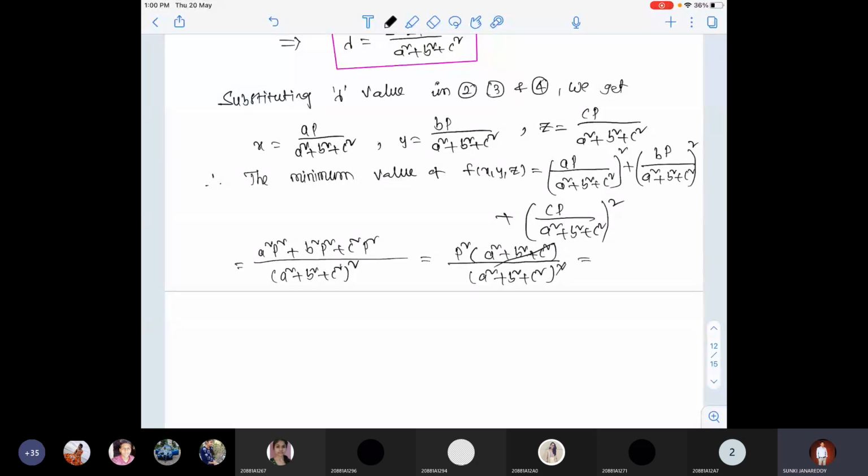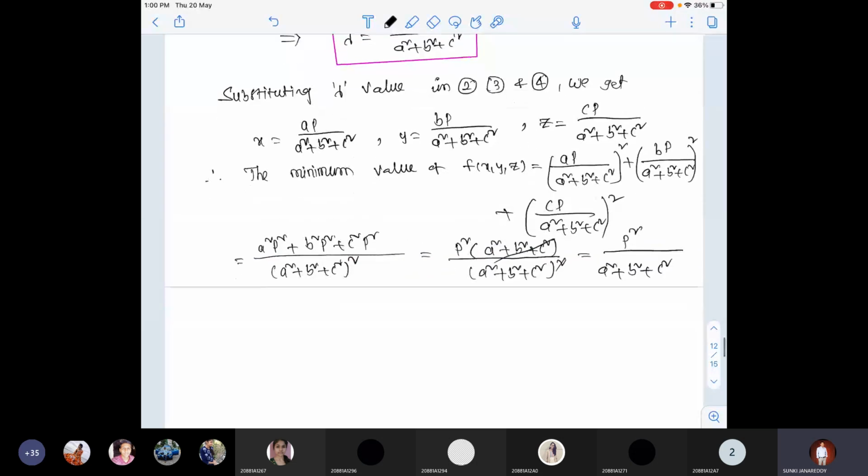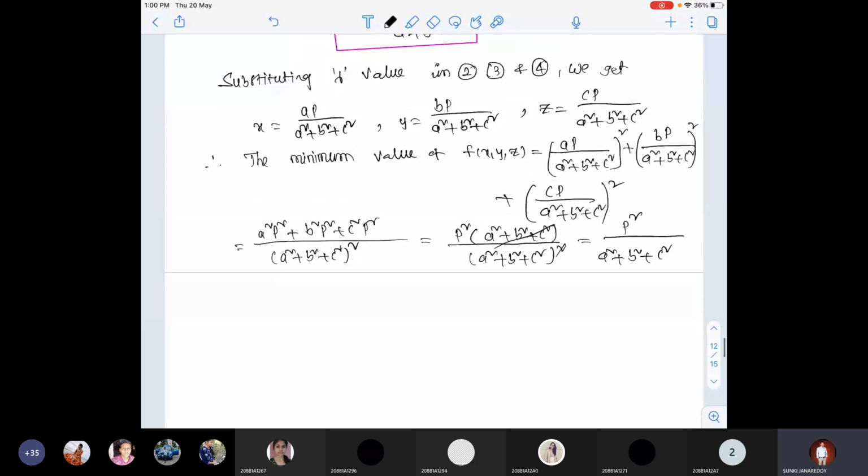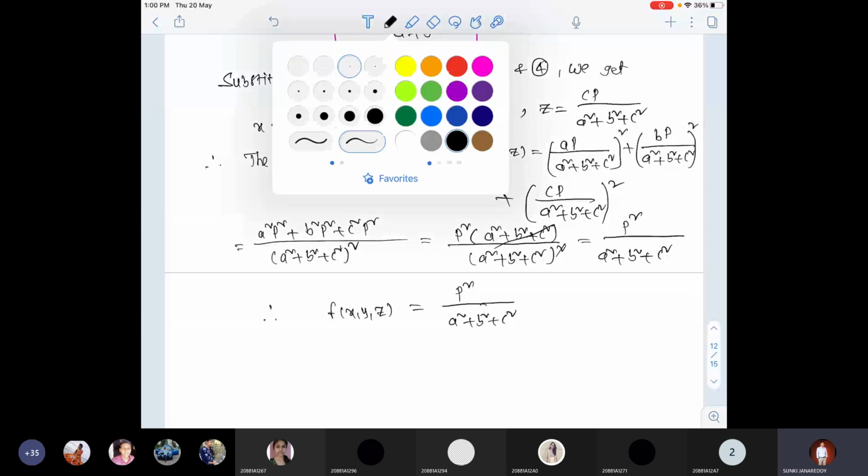Now that is equal to p square by a square plus b square plus c square. Therefore f of x comma y comma z is equal to p square by a square plus b square plus c square. It is the required solution for the given example.